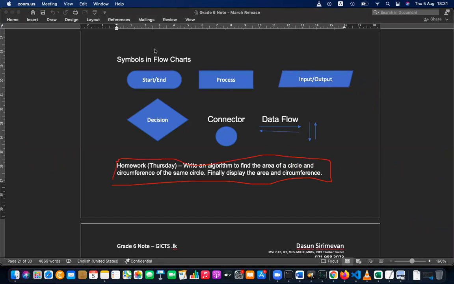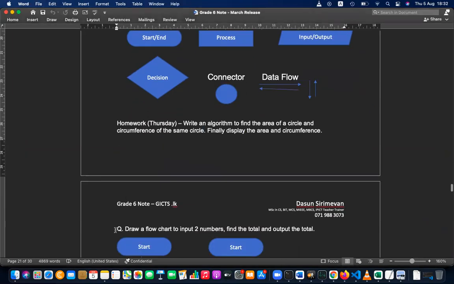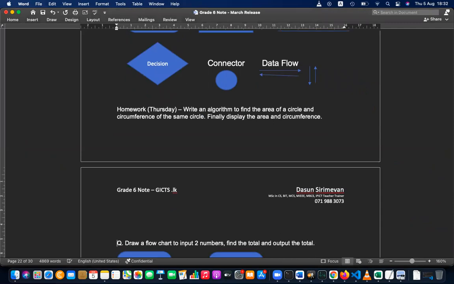Under that, you can write: area of a circle is calculated based on the following equation.